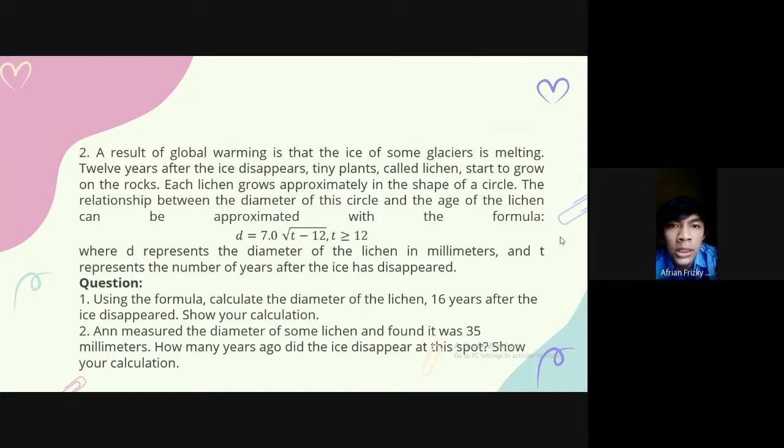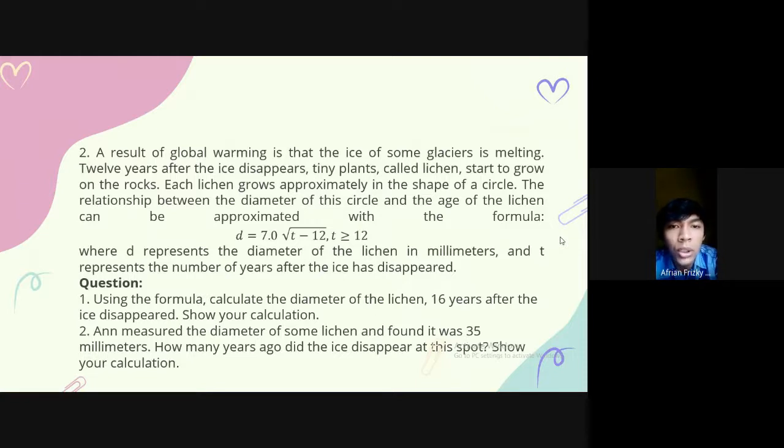The relationship between the diameter of the circle and the age can be approximated with the formula d equals 7 times the square root of (t minus 12), where t is greater than or equal to 12, d represents the diameter of the lichen in millimeters, and t represents the number of years after the ice has disappeared.